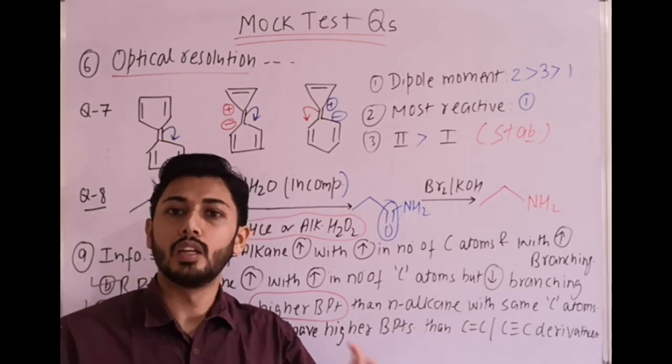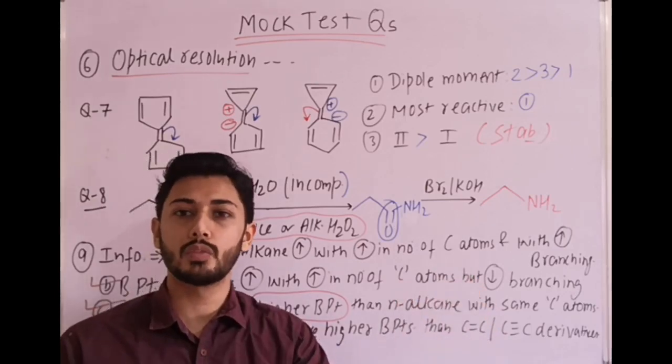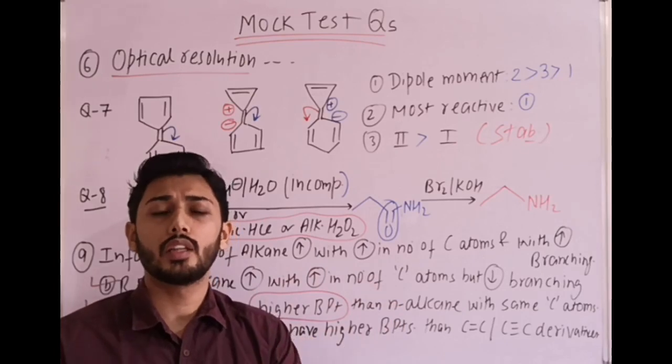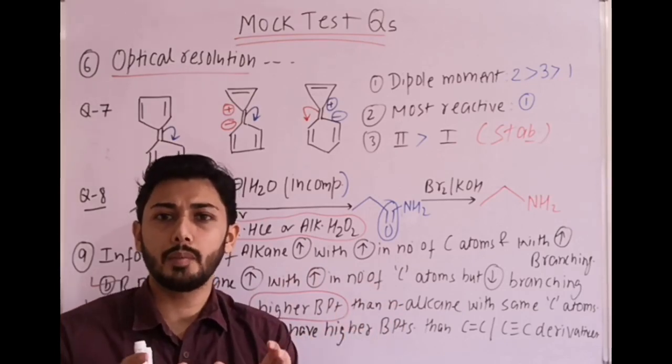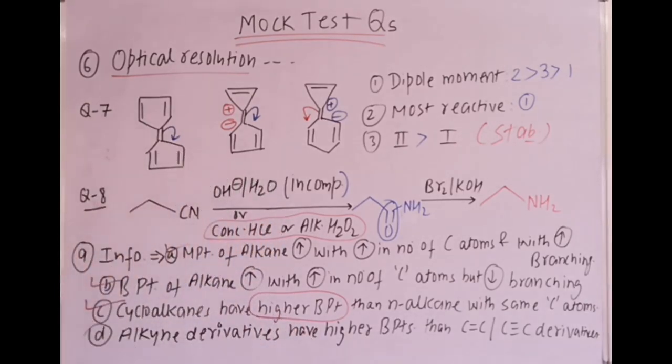Two reasons are possible: one is given in the form of more London force of attraction due to their ring-shaped structure, or the other is due to their more compact shape, giving better packing into the lattice. So these are the two possible reasons mentioned.